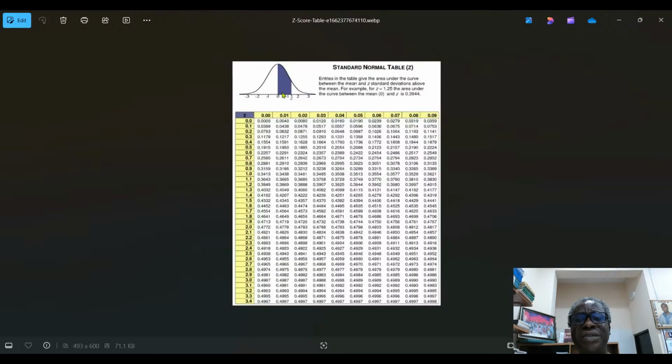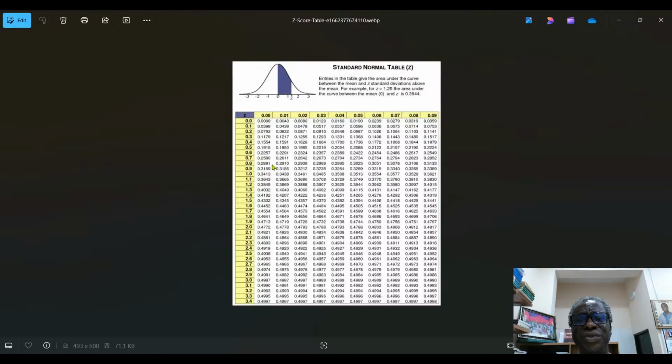Since the curve is symmetrical, I can take that 0.3413 and multiply it by 2. That will give me 0.6826, something like that.